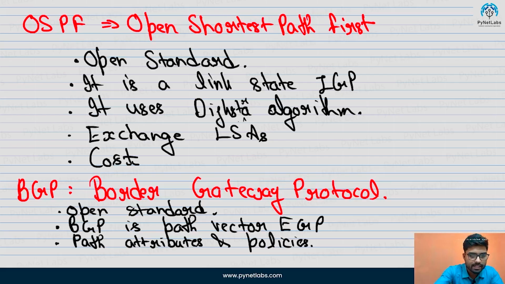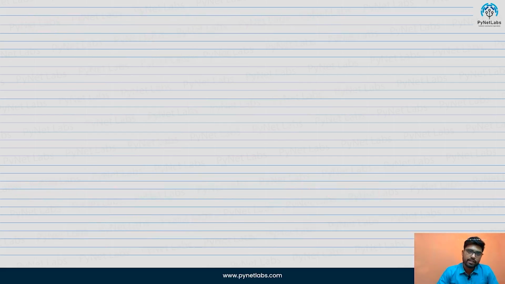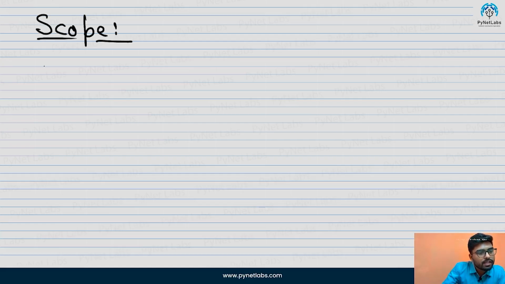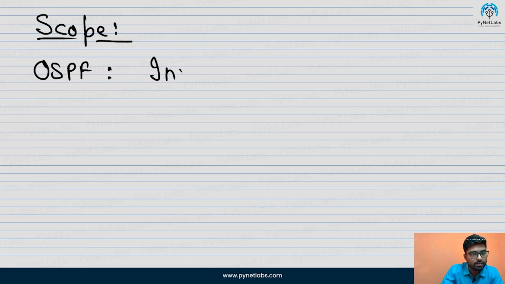Now let's understand the scope of both of these protocols, like where both of these protocols are used. If I talk about the scope of OSPF, then basically OSPF is used inside an organization.